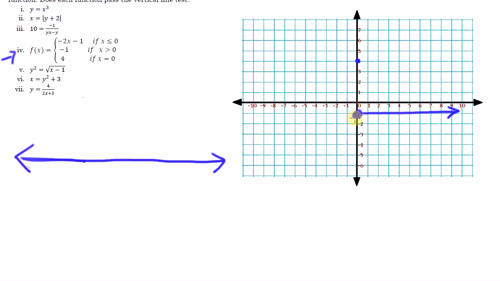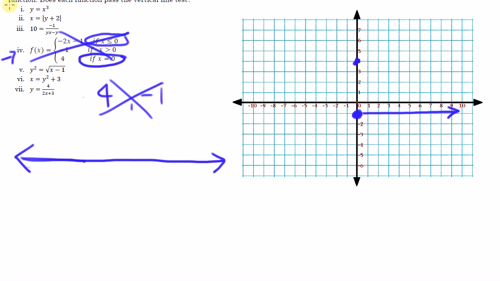Okay, so right here, just looking at this, and this isn't the same graph, this is different. What I notice here is that you see how this line is equal to 0, and this line is equal to 0. So if I plugged x is 0, I would get two values. I would get one that says 4 and the other one that says negative 1 for y, and that is unacceptable. So I'm going to say that no, this one, not a function.